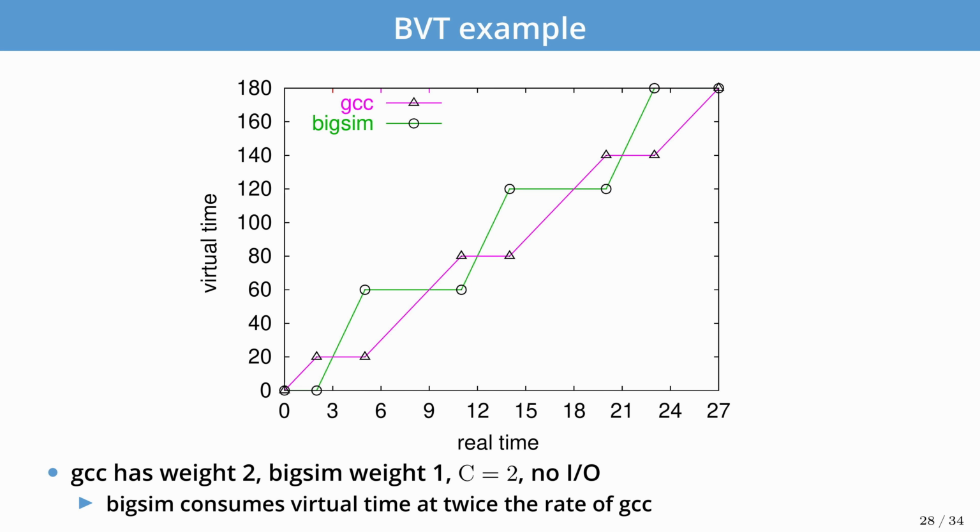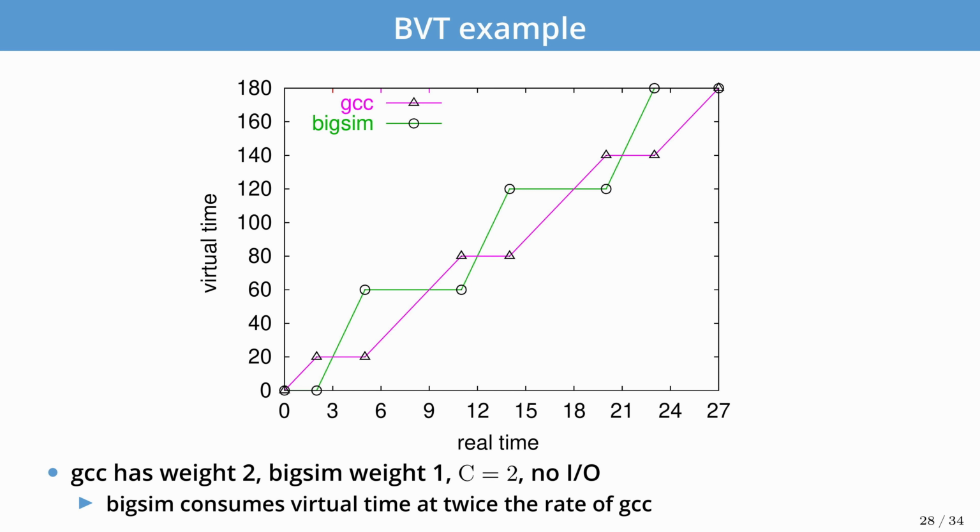So here we can see a simple example of GCC and BigSim as we described earlier, running, with real time on the x-axis and virtual time on the y-axis. Every time virtual time is increasing, we know that the process is running. And if we look in the steady state, C was 2, so BigSim ran for a period of time until it exceeded that C factor, and then GCC ran.